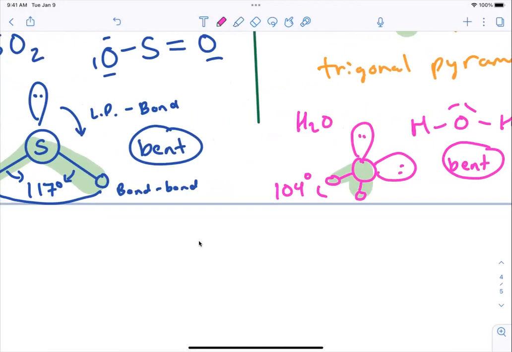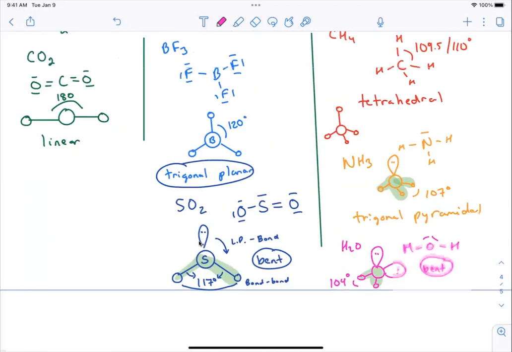Make sure you differentiate between those angles. Questions? Okay. Those are all the shapes you need to know for SL. So 6 shapes in total.